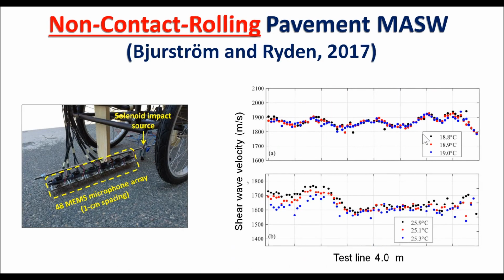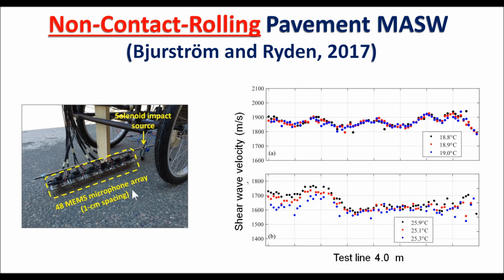About 10 years later, Dr. Ryden and his student came up with this non-contact and rolling approach. In other words, everything was moving while the measurements were being made. And they used this very compact device which consisted of MEMS microphones.